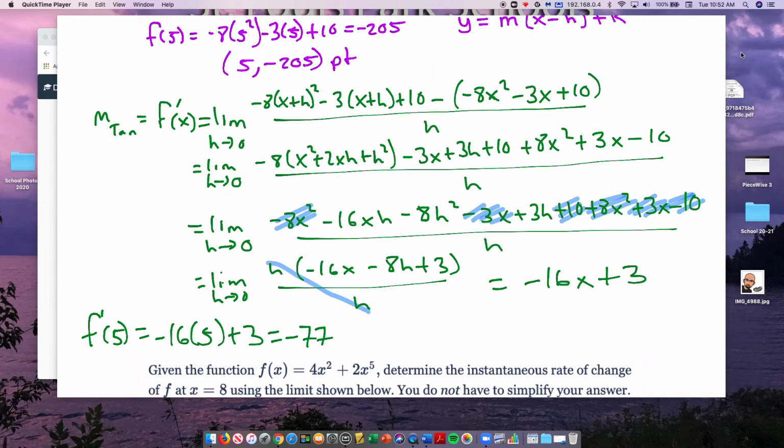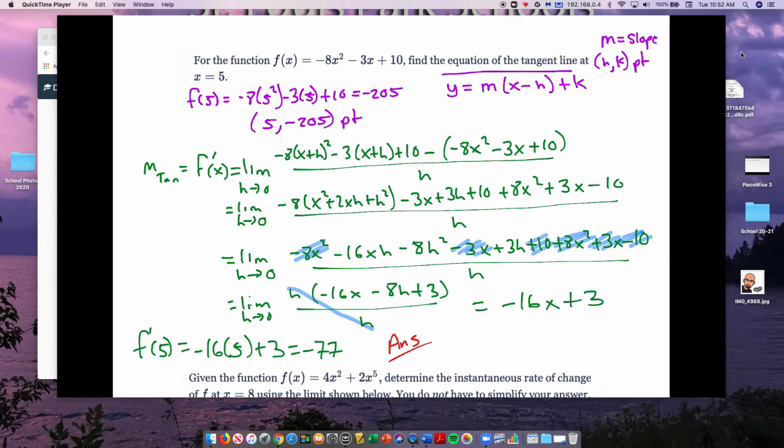And that means our tangent line, the answer to this question, remember this question asked, what was the equation of the tangent line? The equation of our tangent line then is, let's plug in, y equals the slope times x minus this value 5, minus 205.